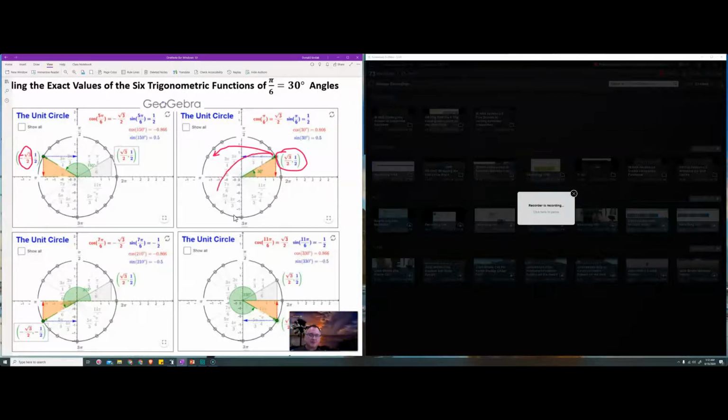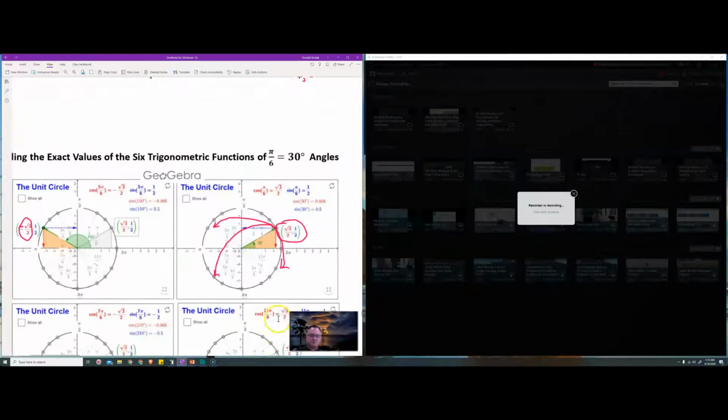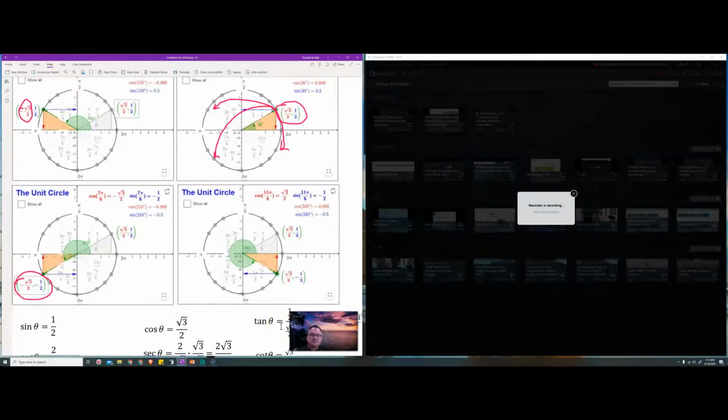When you flip it to go down here, they both change to their negatives. And then when I flip it this direction right there, then all that changes is the y coordinate. So just by knowing the first quadrant, you can find all of them.